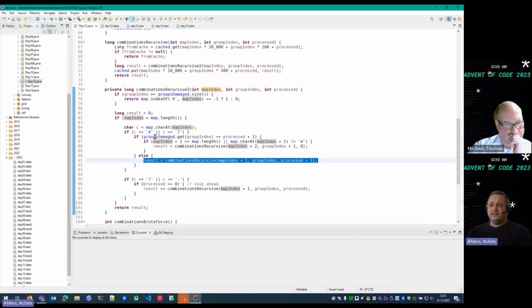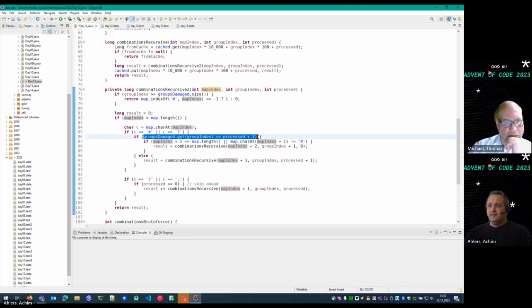Or if we are already about to complete a group of damaged hot springs, we go this way and switch over to the next group and set the processed counter back to 0. Otherwise, if we are still ongoing, we remain on the same group, but increment the processed counter.